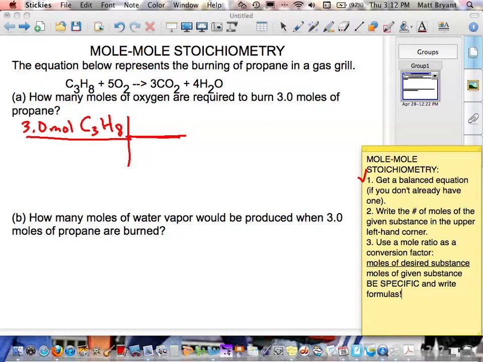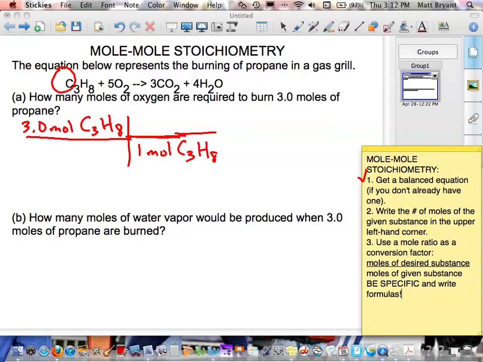Now remember, from the previous podcast, that the mole ratio is derived from the balanced equation. So, we see in this balanced equation that we have no coefficient in front of C3H8, in front of propane. So, what we're going to put down here is 1 mole of C3H8. Now, that's nothing new. That's something that we've done a lot of times.